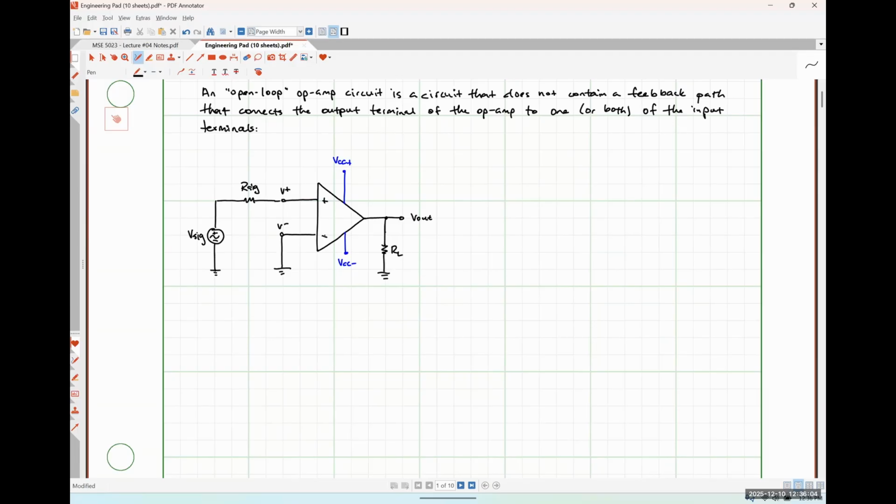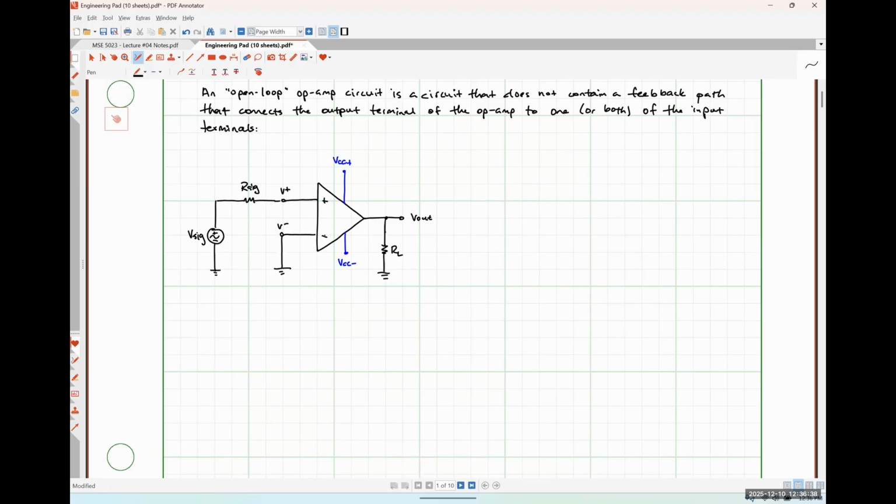So when we analyzed this particular circuit in our last lecture, we figured out that outside of a very small range of input signal voltages, the output voltage signal would saturate to either VCC plus or VCC minus, which means that unless we're trying to amplify extremely small microvolt scale signals, an open loop op amp circuit isn't particularly good at creating an undistorted output signal.